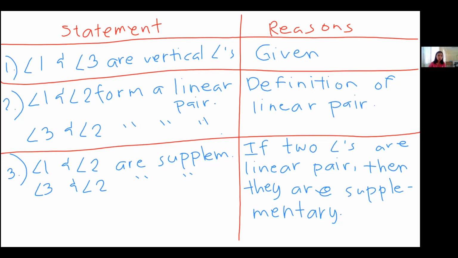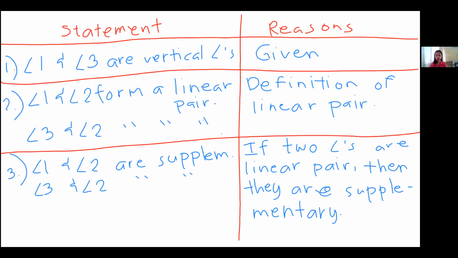Okay? Ayan po siya. Okay, so ayan yung reason natin that if two angles are linear pair, then they are supplementary po. Okay? Ayan, dito talagang kailangan na i-consider natin, or magagamit talaga natin yung mga previous learnings natin from our previous level in proving a specific theorem or statement. Okay? Questions po so far?